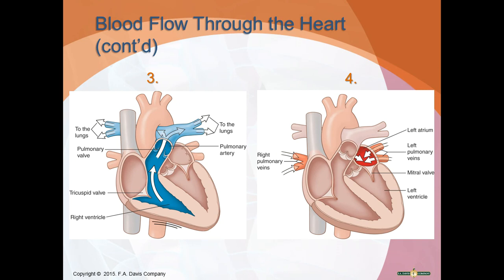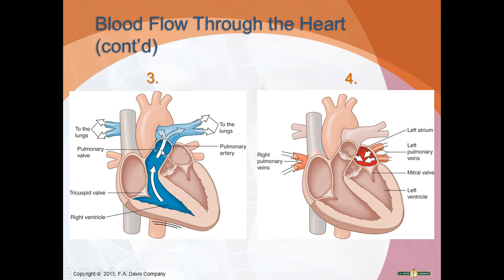So 3, after filling, the right ventricle contracts and it forces the pulmonary valve open. So this right here is the superior vena cava. The inferior vena cava goes to the right atria through the tricuspid valve, and then it goes up through the pulmonary artery and through the pulmonary valve.